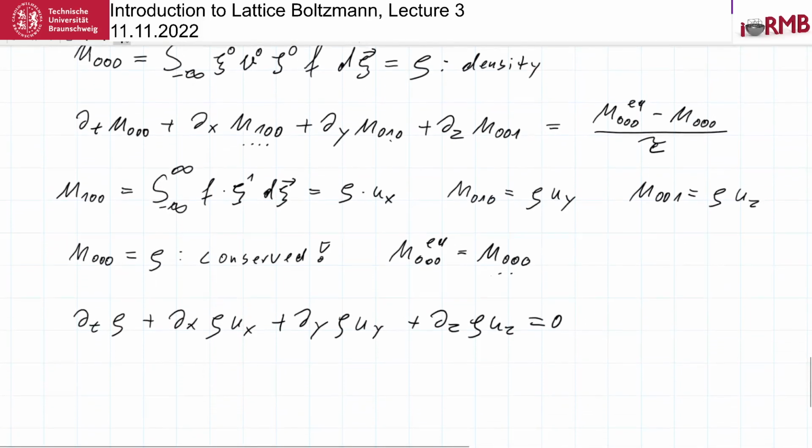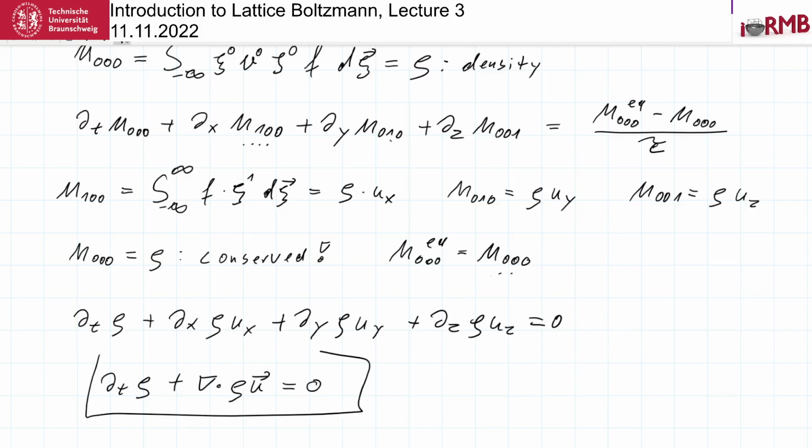And this can be rewritten again as dt rho plus divergence of rho vector u equal to 0. And this is something well known. Actually, this is where the name continuity comes from: it is the continuity equation.